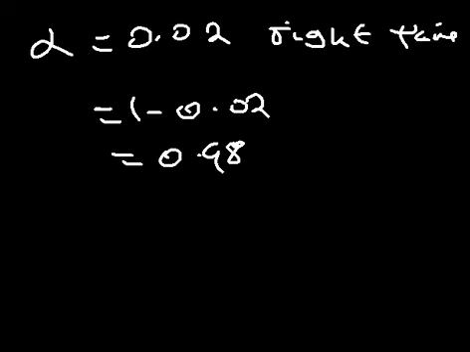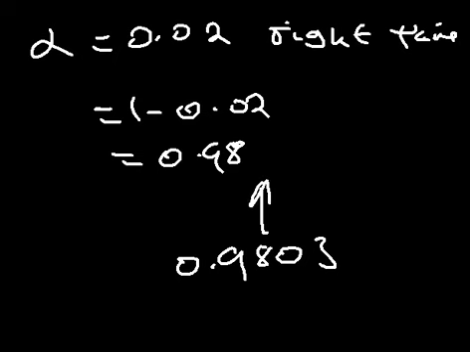So make sure that you have the normal table before you. And of course the value which is much closer to this one is given as 0.9803.